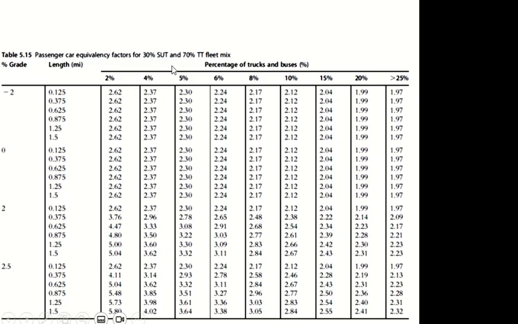So I go here, my gradient is 2.5%, my length is 1.25 miles, and I have 6% trucks. So 2.5, 1.25 miles and 6% trucks. My factor is 3.36.